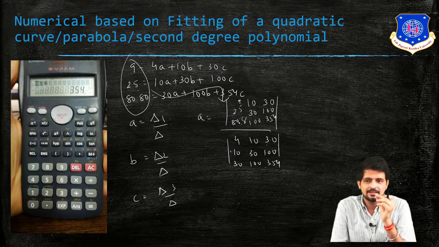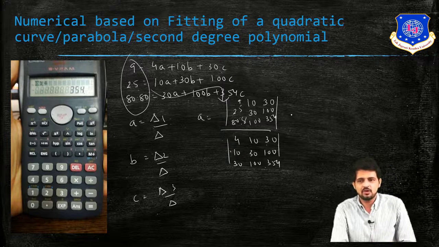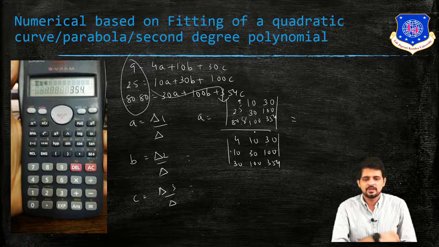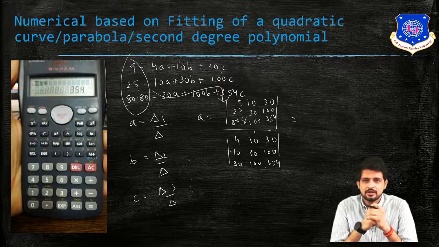You have to place D1, D2, D3, that is 9, 25 and 80.8, in column 1 for delta 1, in column 2 for delta 2 and in column 3 for delta 3. And by solving all these you can get the values of a, b and c respectively.